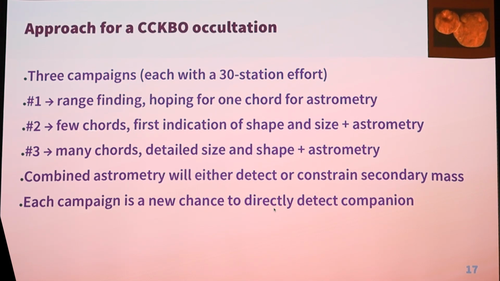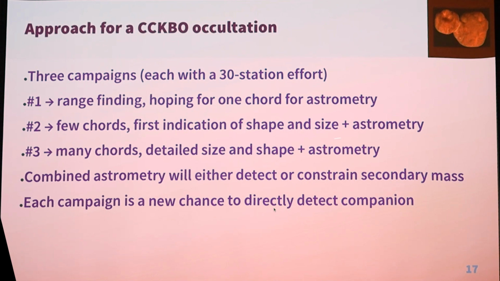In the next campaign, you get a few chords. Now you start to get a little idea of the rough shape. But you're also getting astrometry. And then the third time, after you've got 2 sharp, good measurements, you can generally start to put these campaigns out there and get like 5 to 10 chords across an object and start to really, really hone in.